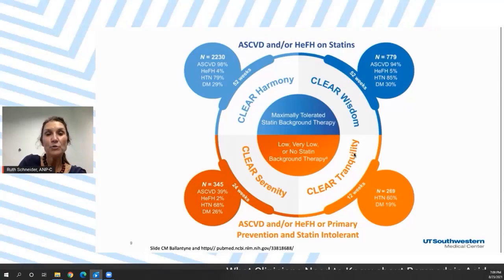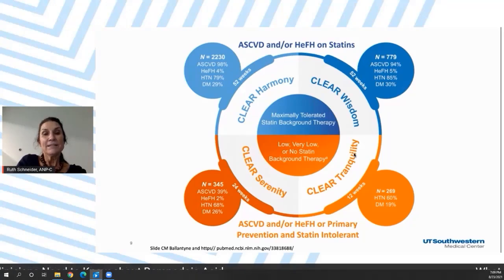Looking at the bottom 2 clinical trials, Clear Serenity and Clear Tranquility, these individuals had ASCVD and or heterozygous FH or were primary prevention patients and were statin intolerant. These individuals basically were on low, very low, or no statin background therapy. If we look at Clear Tranquility first, it was a 12-week trial.